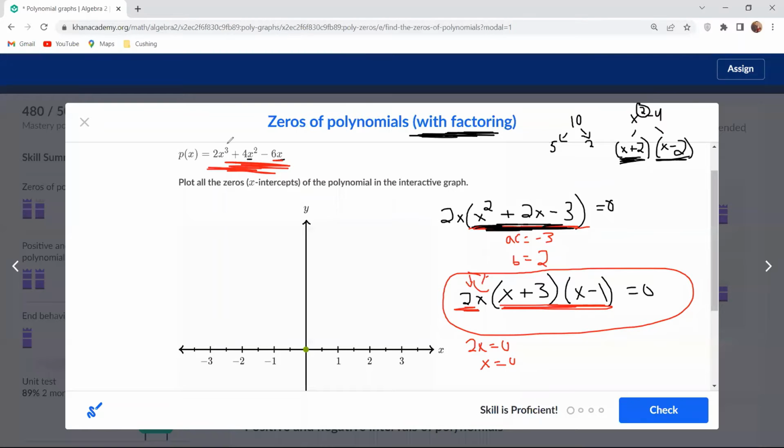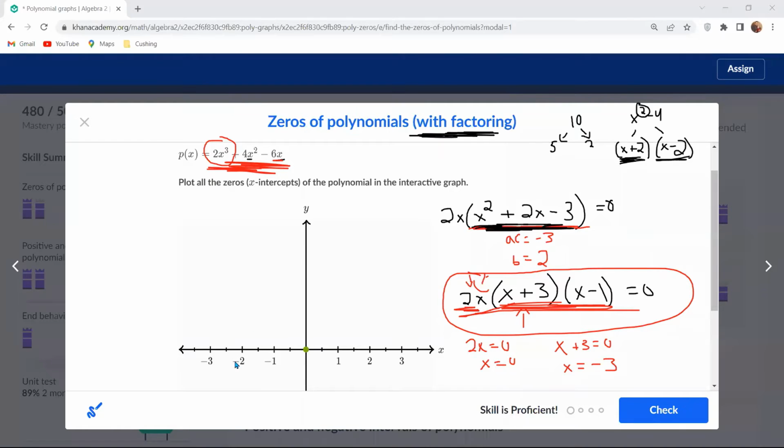How many answers are we looking for? We're looking for 3 because this is a third degree polynomial. So I need 2 more. Same concept: when x plus 3 equals 0, this whole thing will equal 0. It doesn't matter what anything else is because you're just going to multiply it by 0. So if I set x plus 3 equal to 0, one of my answers is going to be negative 3.